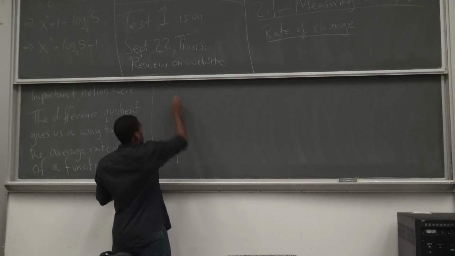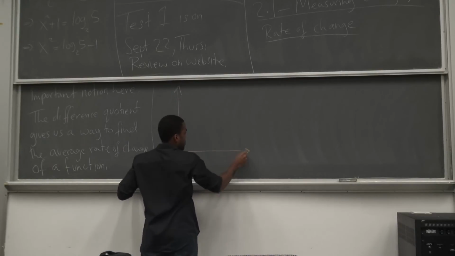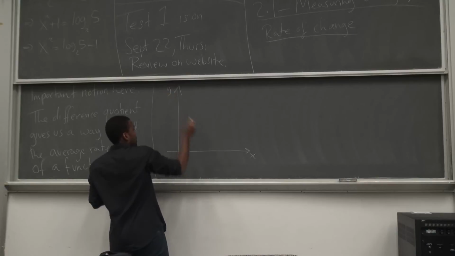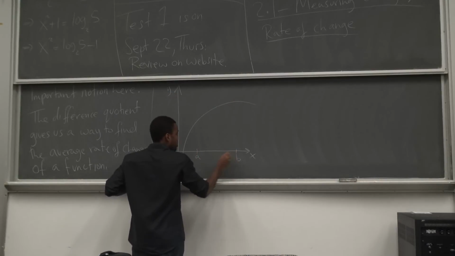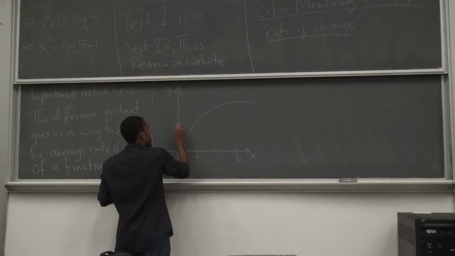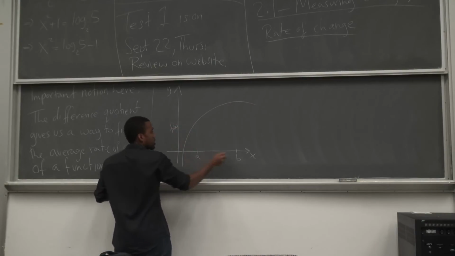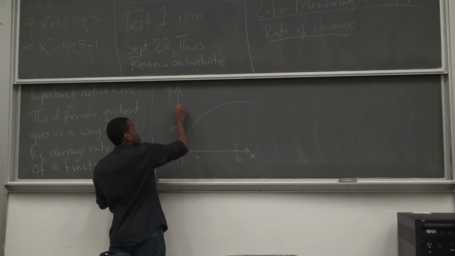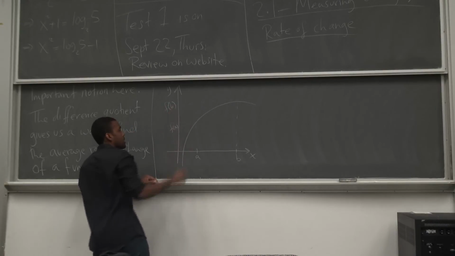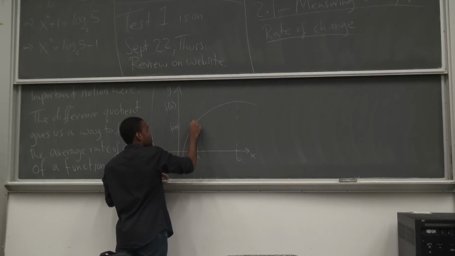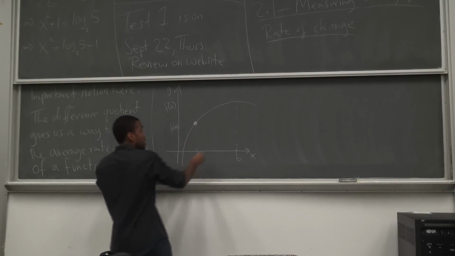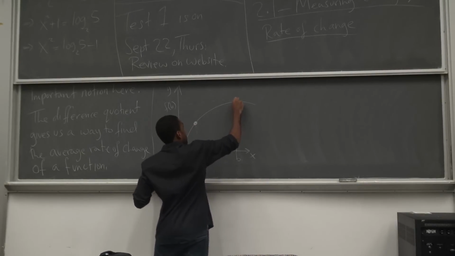What I mean is, let's say we have this function that's going on, x, y, the function is doing whatever. Here I'm at point A, here I'm at point B. f of A, f of B. Now I want to know, on average, how much does the function change from this point, when x is A, to that point, when x is B?